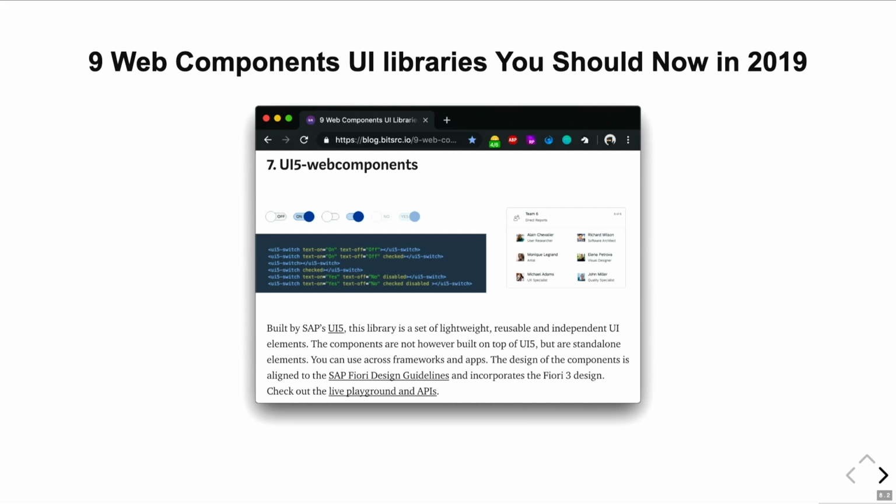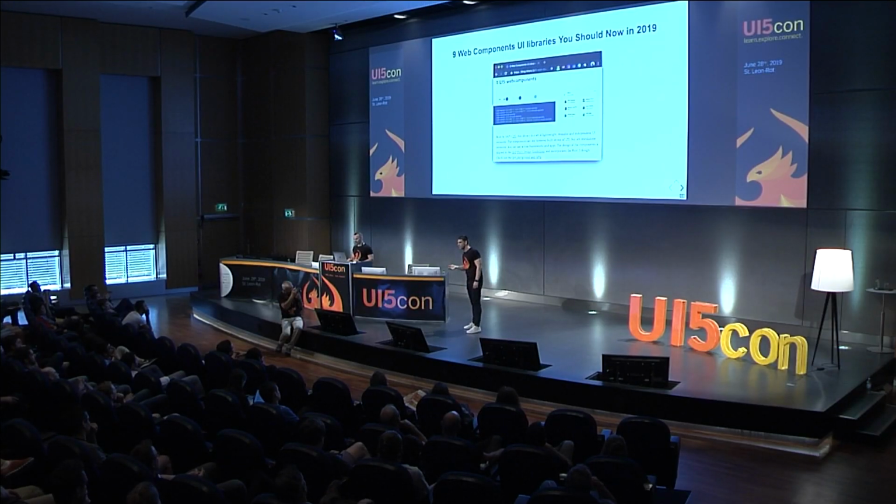There are 9 libraries. We are in 7th place, but all the other libraries are web component frameworks that have been around for a long time, and we were just 2 months old here. So it's really great and motivated us to continue working on it.